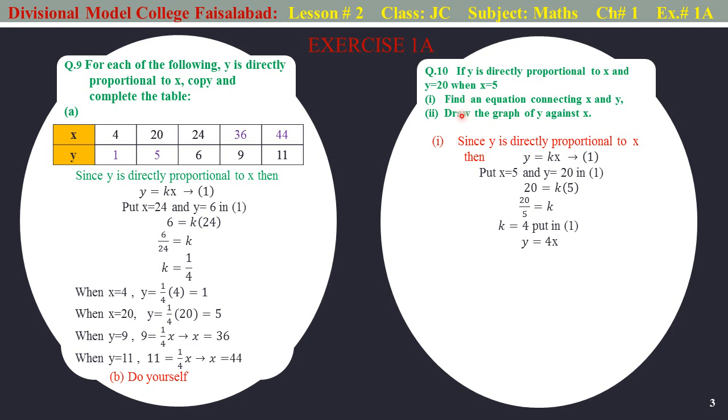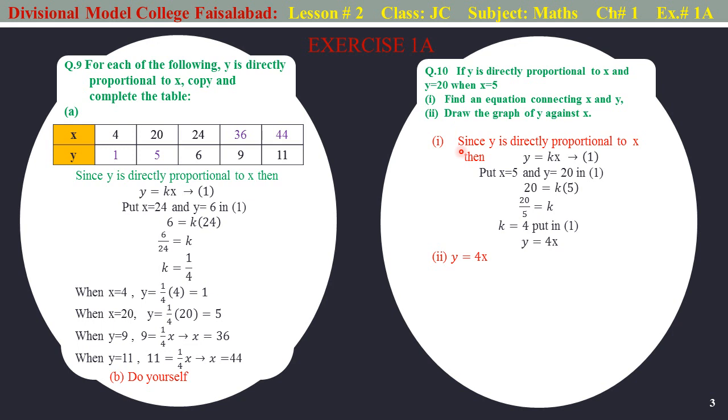Now in part 2 you are asked to draw the graph of y is equal to 4x. To draw the graph of y is equal to 4x, we will use this relation in part 2. To draw the graph we need 2 points. The graph of direct proportion is a straight line, so we need 2 values. One set of values is given, x equal to 5, y is equal to 20.